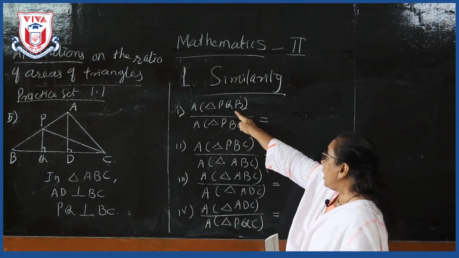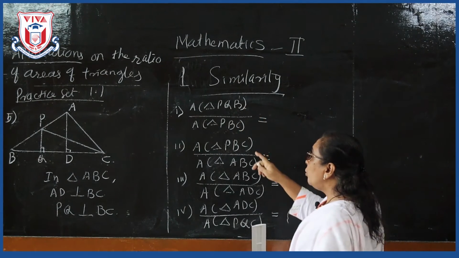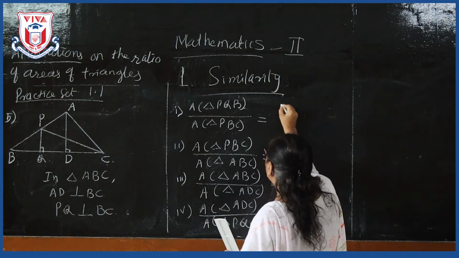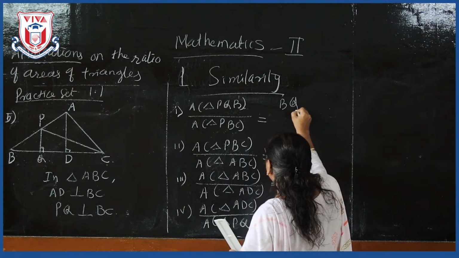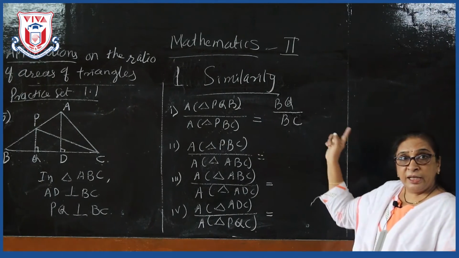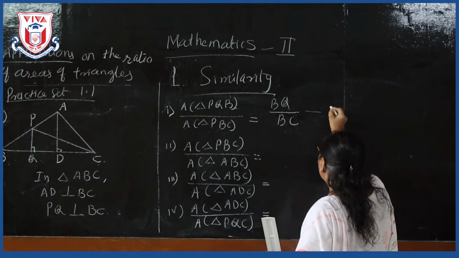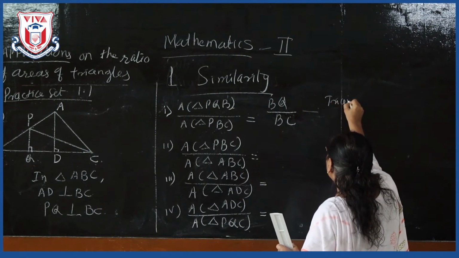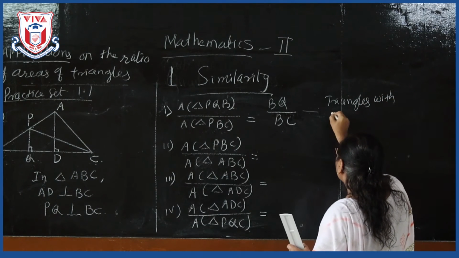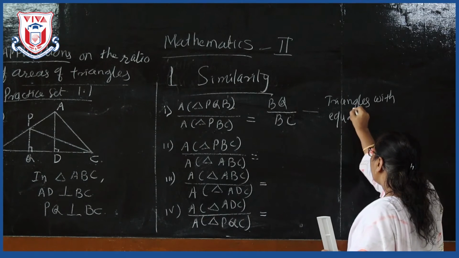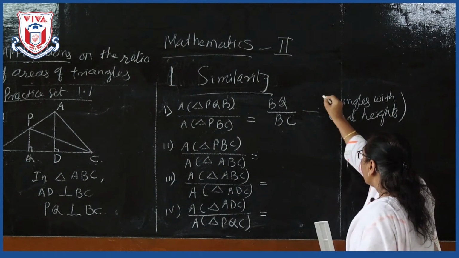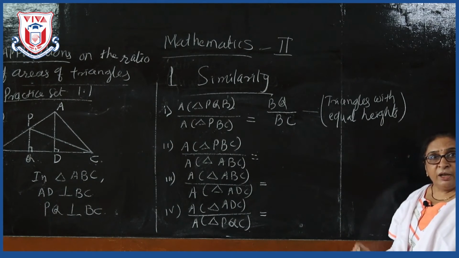So here we can write area triangle PQB upon area triangle PBC is equal to BQ upon BC, and in the reason you can write triangles with equal heights.